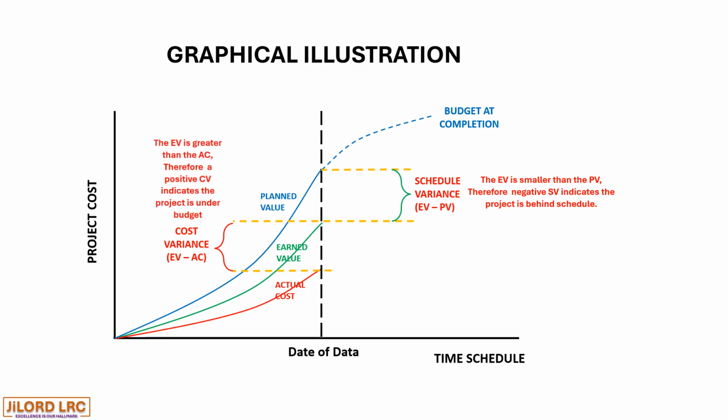Conversely, the earned value here is greater than the actual cost, indicating a positive cost variance and that the project is under budget or within budget. It is good for the project in terms of cost, but not good in terms of time.